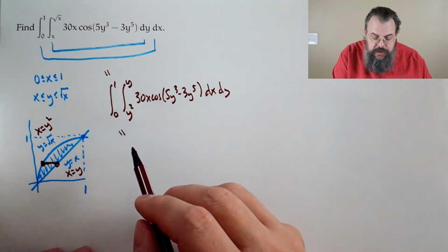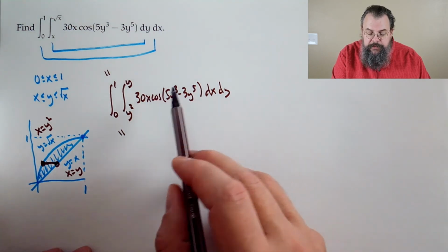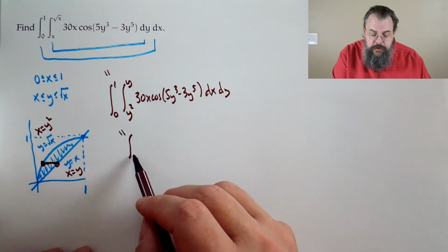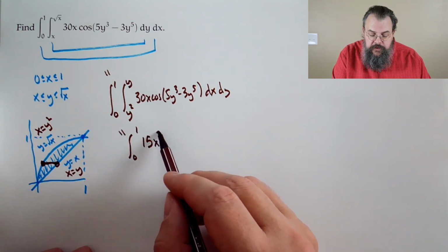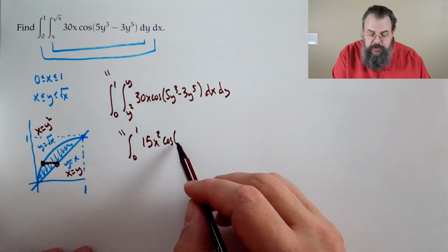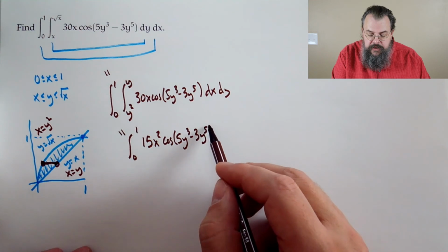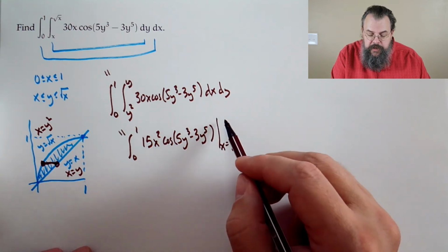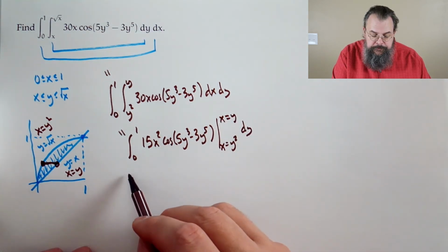So integration: the integral of 30x, because this cosine of 5y cubed minus 3y to the 5th is a constant, would become, when integrated, 15x squared, and then the cosine piece still is the same because we're integrating with respect to x. And evaluate x equals y squared to x equals y, dy.